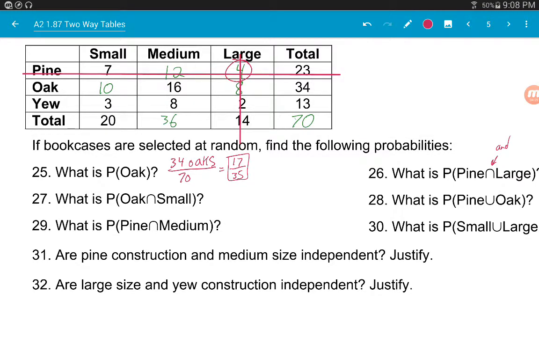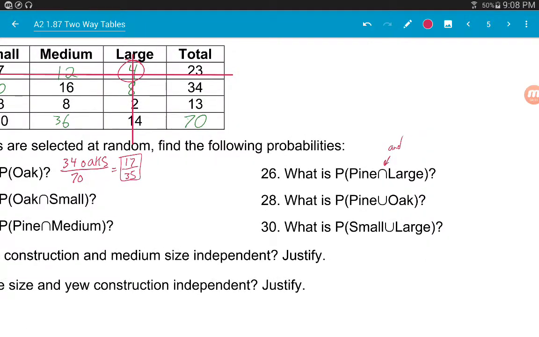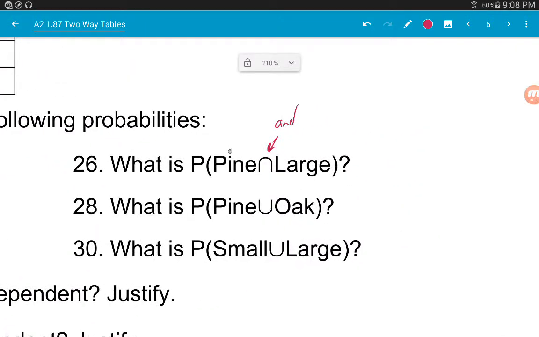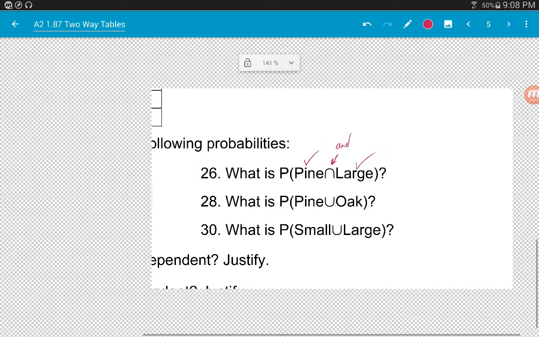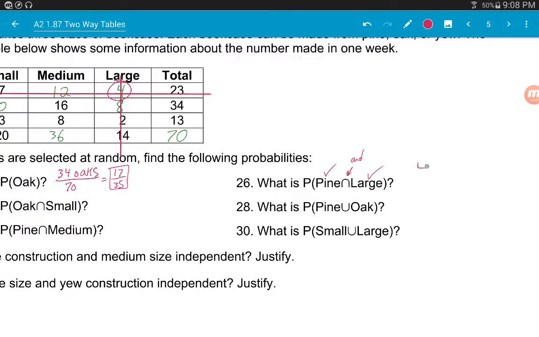So there are 4 large pine bookcases. Those are the ones that fulfill both these criteria. Are they pine? Yes. Are they large? Also yes. So there are 4 of those. Out of how many total? Out of 70. And you can simplify that to 2 over 35.